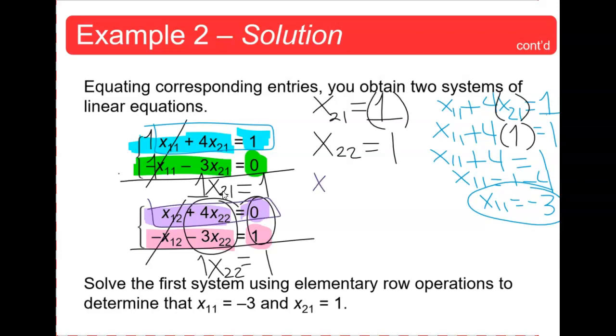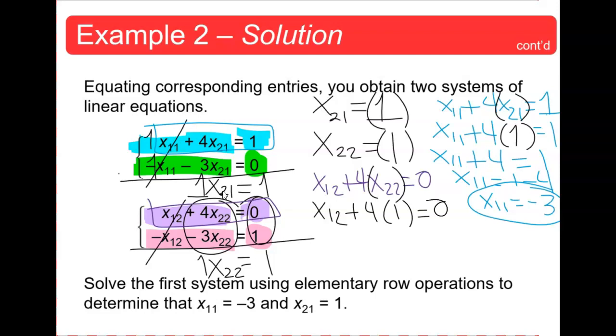So we have x 1,2 plus 4 x 2,2 is equal to 0. And then we're going to substitute that variable with the number that we found here. So x sub 1,2 plus 4 times 1 equals 0. So x sub 1,2 plus 4 is equal to 0. So x sub 1,2 is equal to negative 4.